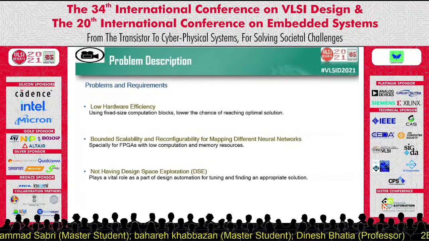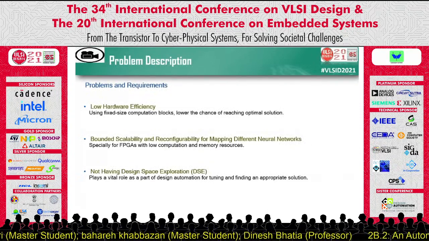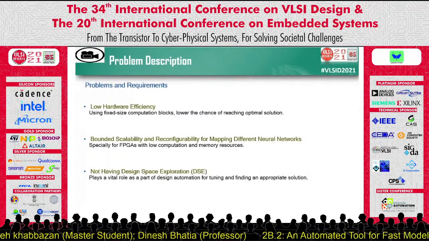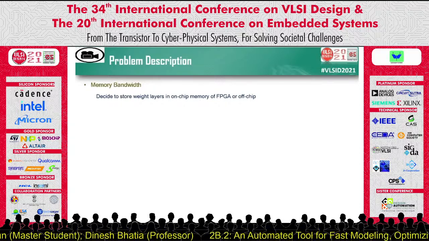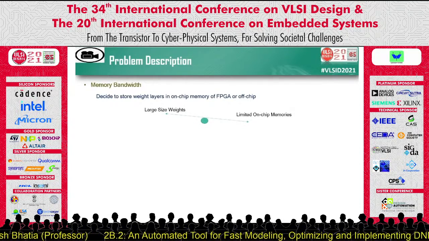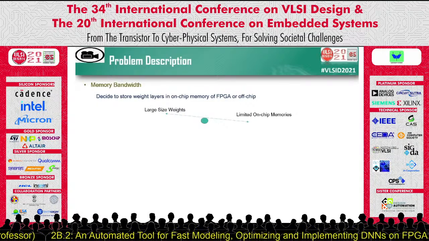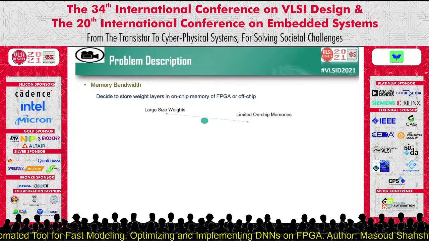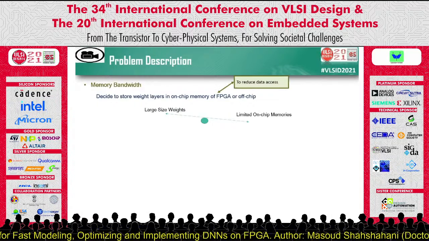Exploration plays a wider role as a part of design automation for tuning and finding an appropriate solution. Memory bandwidth is a massive bottleneck in circuit performance. If we want to reduce data access, we can store weight layers in on-chip memory, but at the cost of using more resources.